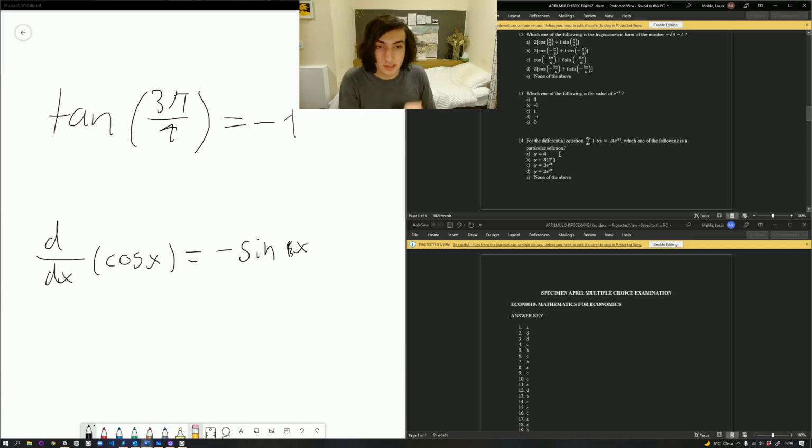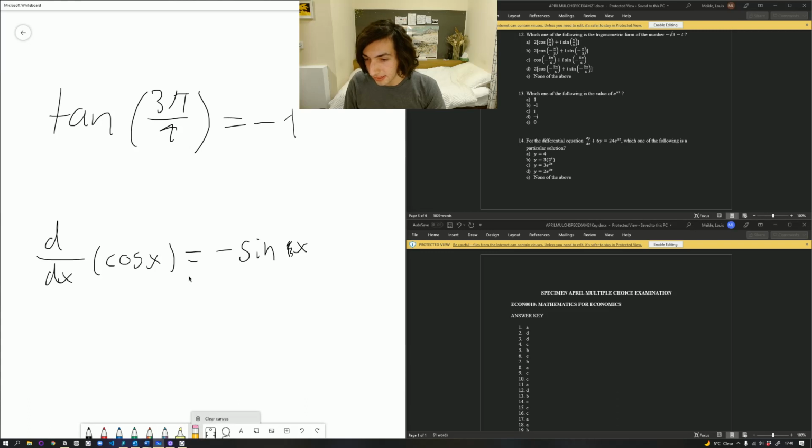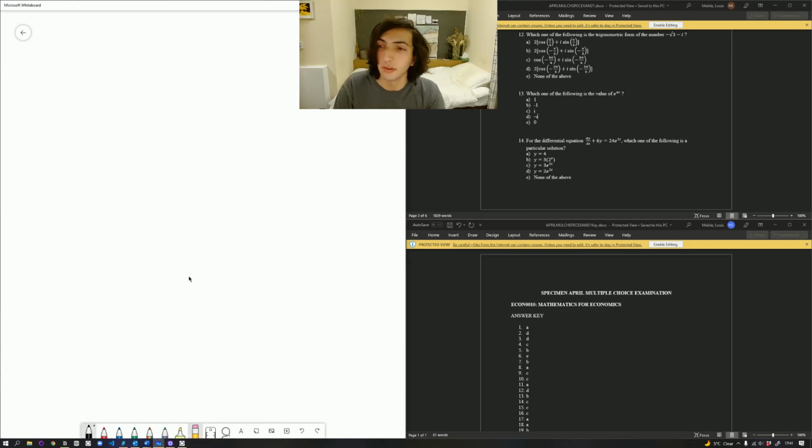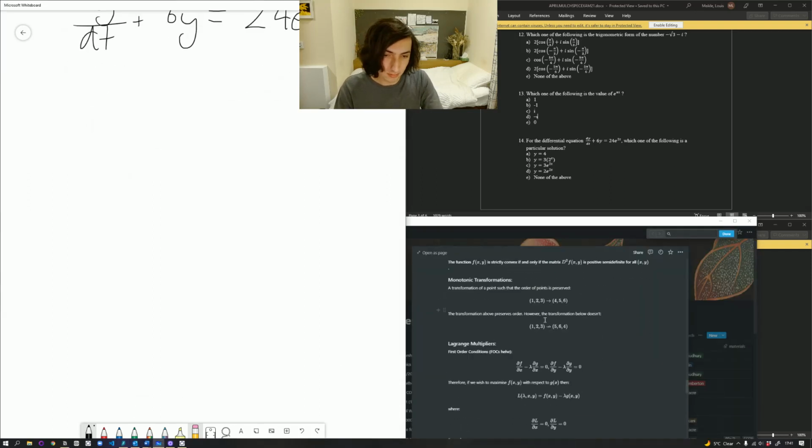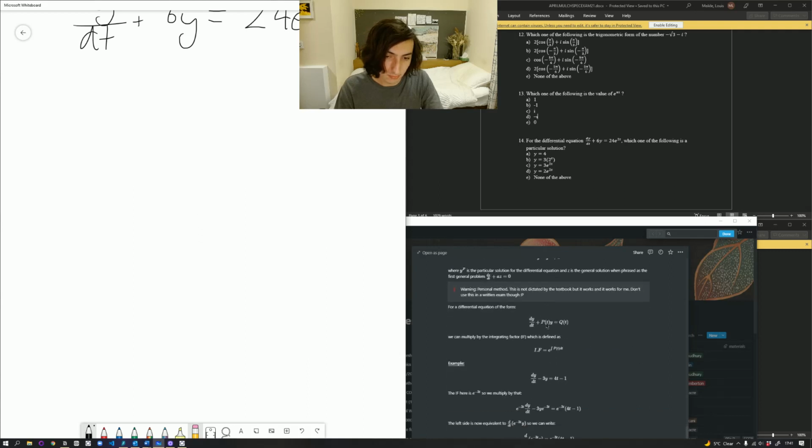All right. So for 14, you've got dy/dt plus 6y equals 24e^2t. Now there is a way of doing this called the integrating factor method, which I believe I mentioned the page number of in here somewhere.